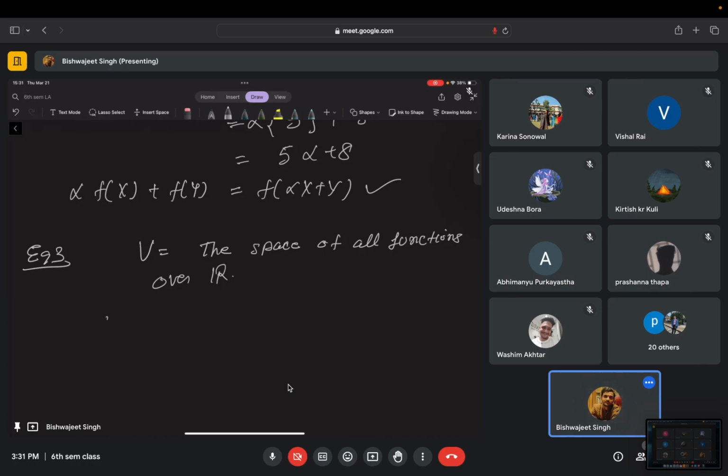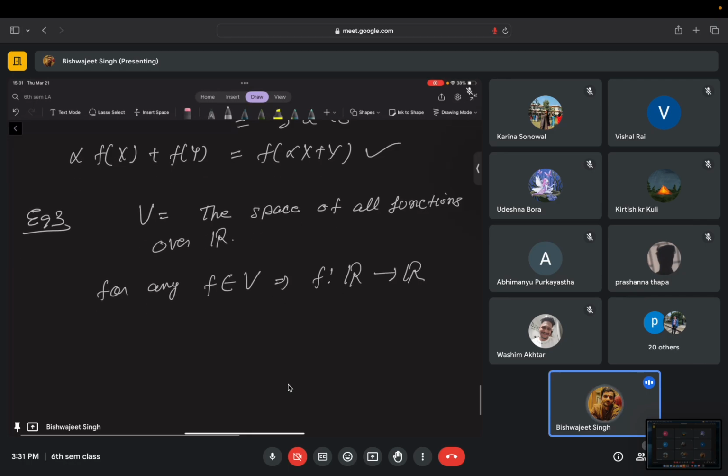So any f belonging to V implies that f is a function from R to R. Okay, so now on this we can define a linear functional or a linear transformation. We'll call it LT, linear transformation, and this is defined over V to R.